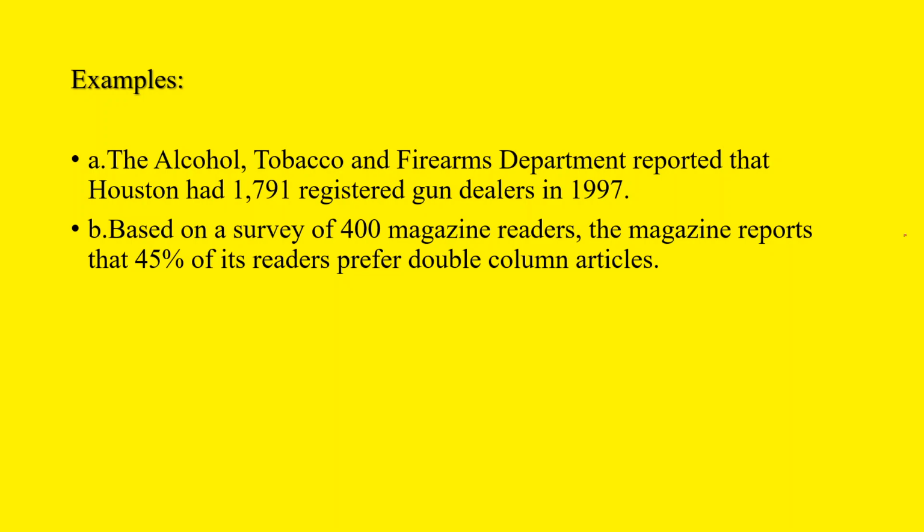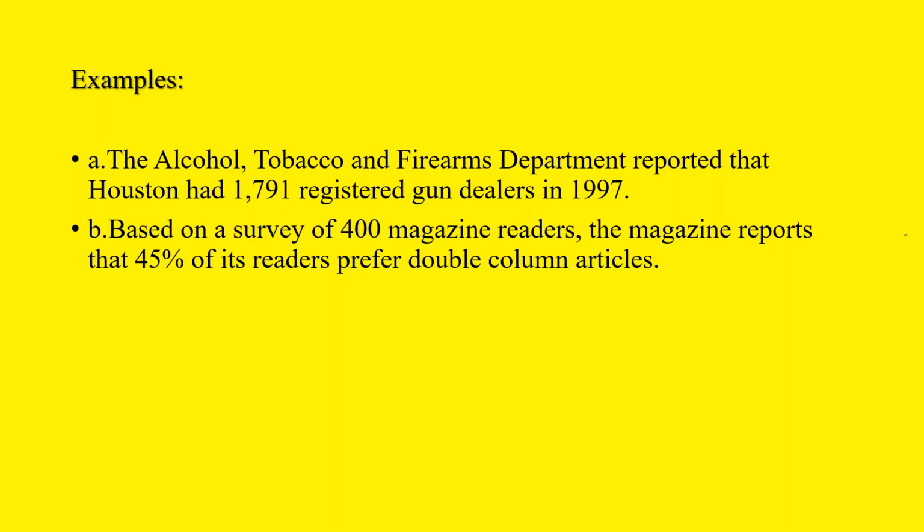So look at question B first. Like I said, B is inferential statistics. Why? First, see if you can identify the population and sample. Based on a survey of 400 magazine readers. So my question here is, do you think this magazine only has 400 readers? Of course not. It should have at least 400 readers, right? Look at their conclusion: the magazine reports that 45% of its readers.